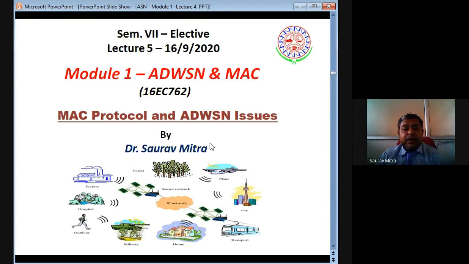So each sensor node will have a reduced bandwidth, in that case B divided by 1000. Previously, 20 nodes were sharing B by 20, which was quite a wide bandwidth.